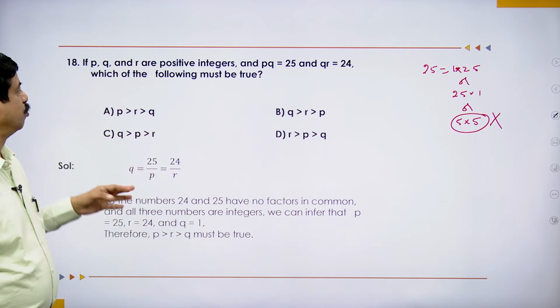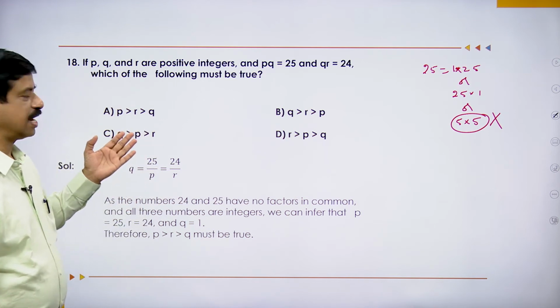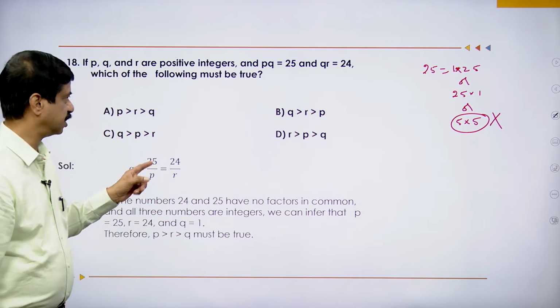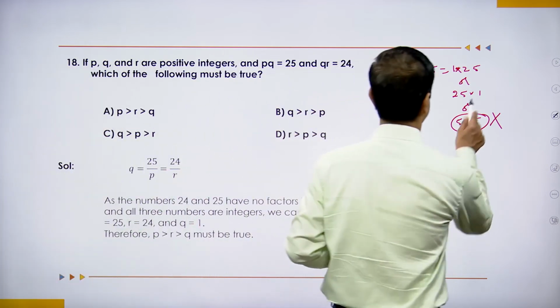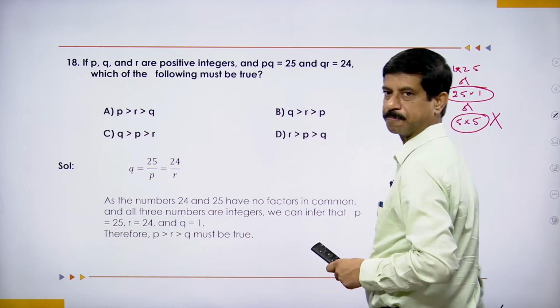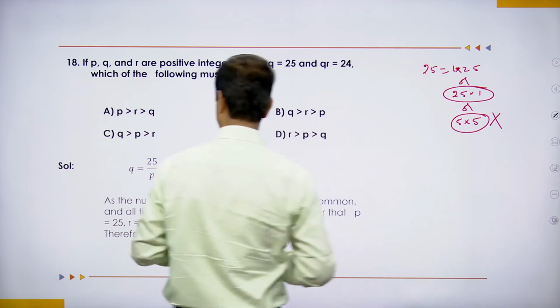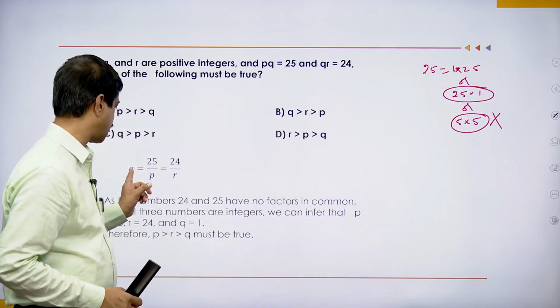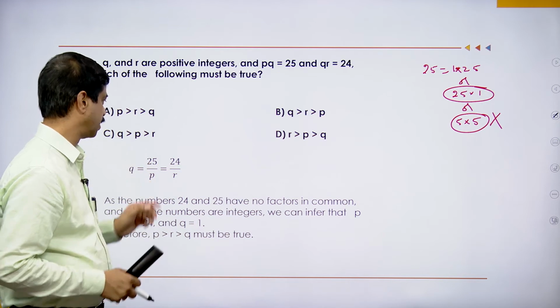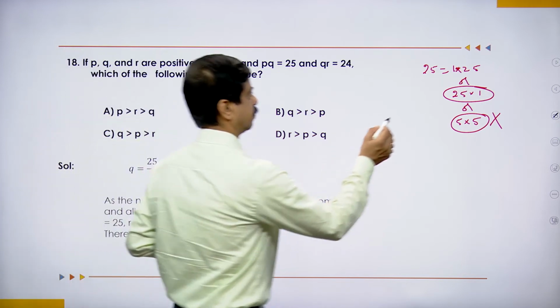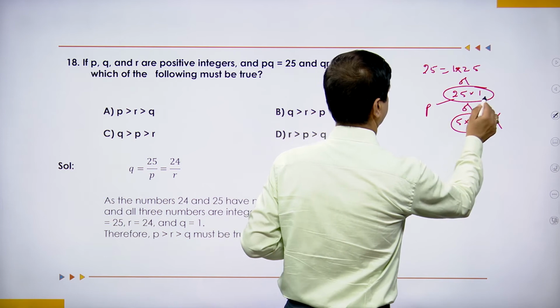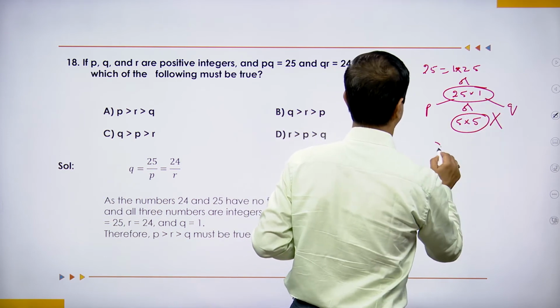So that is the way. If you take P is 25 and Q is 1, is that possible or not? Right, children? If you take P as 25 and Q as 1, you will get Q as 1. So what is R?